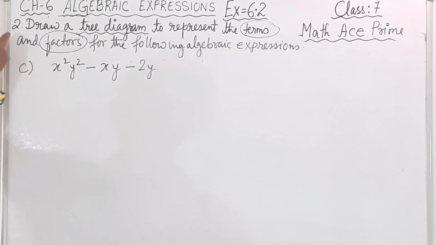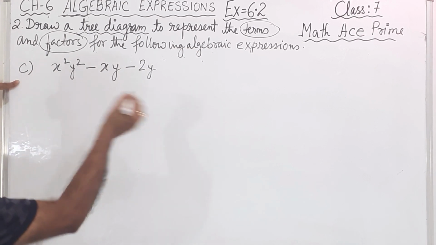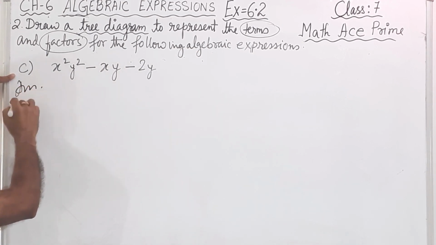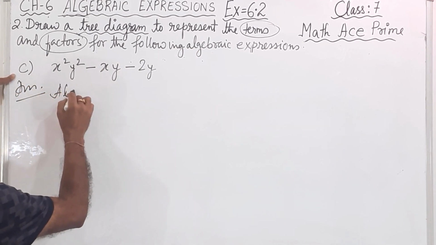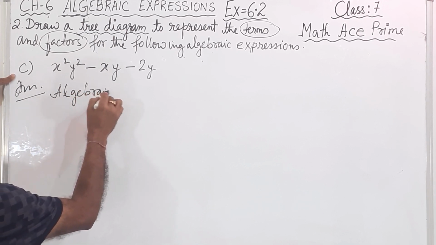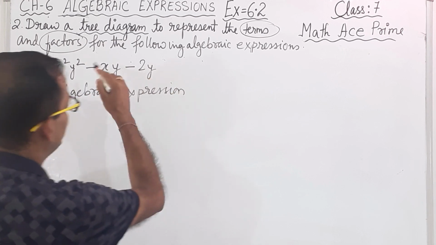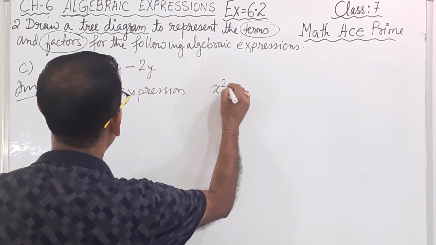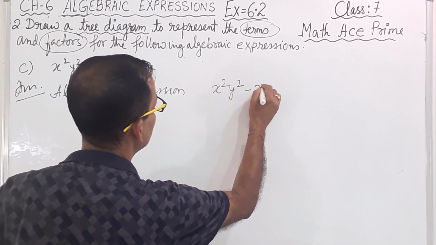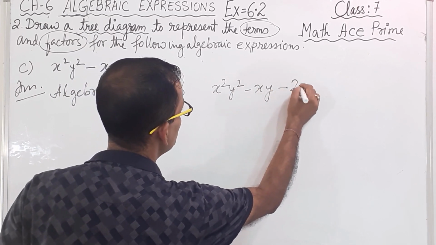Now one more question is there, number C. One sum is left. Let us do this one. So what we will write? We will write answer and then we will write algebraic expression. Easy sum. And what it is? X square y square minus xy minus 2y.